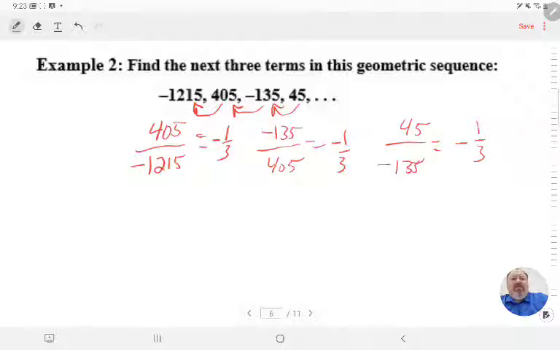So then we just take 45 in this case, and we can multiply it times negative 1/3.